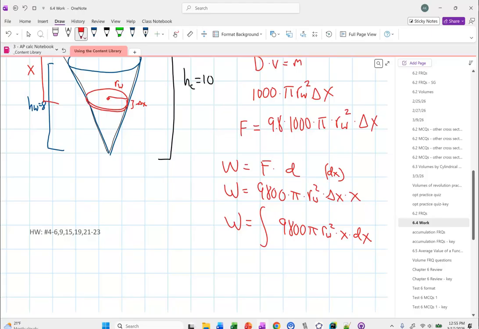What's wrong with this thing that I've set up to integrate? What's that? No bounds. Okay, so I don't have bounds yet, but there's something else that's also problematic here. Yeah, there's two variables, right?